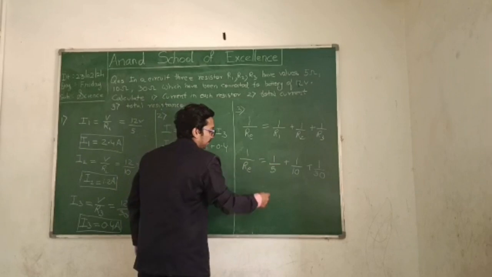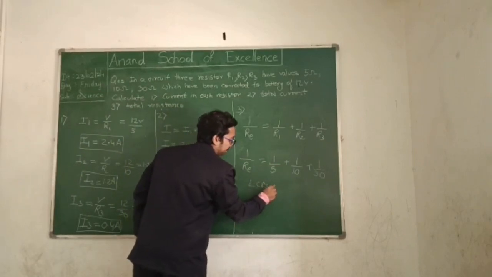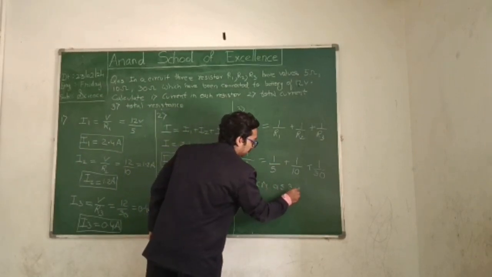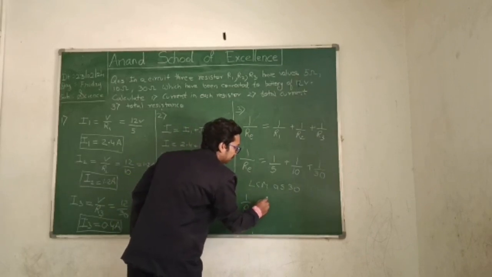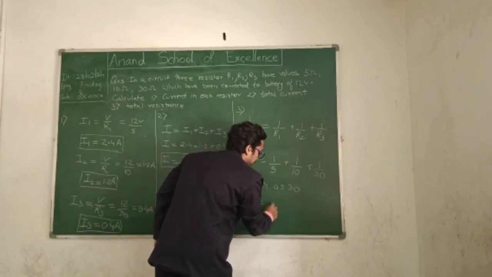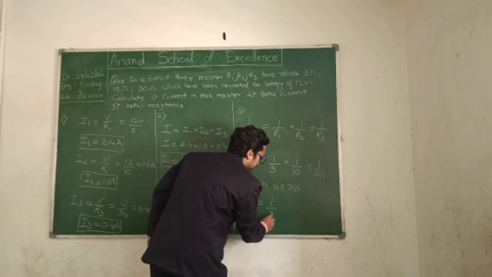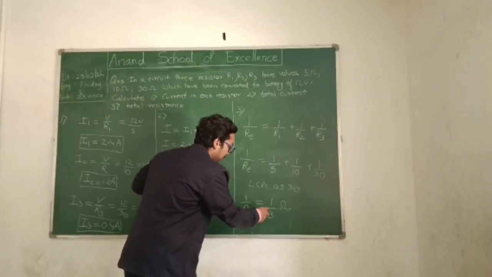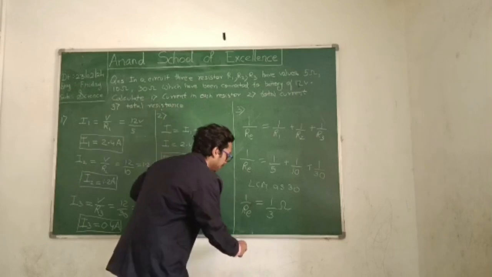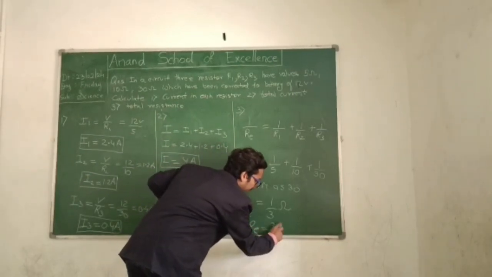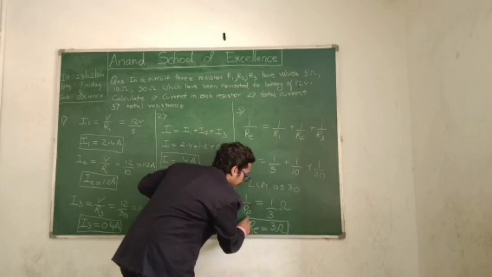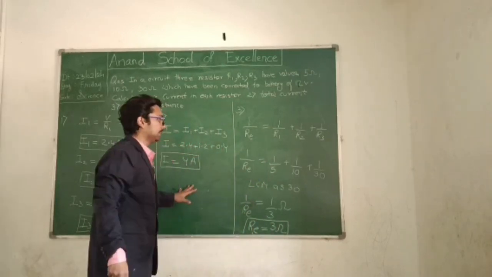Okay, so now by taking LCM as 30, we get 1 upon Re is equal to 1 upon 3. So by taking the reciprocals, we get Re is equal to 3 ohms. That is the total resistance of the circuit.